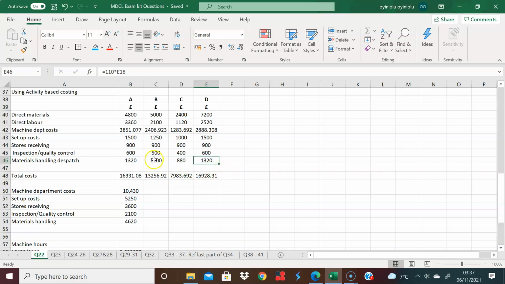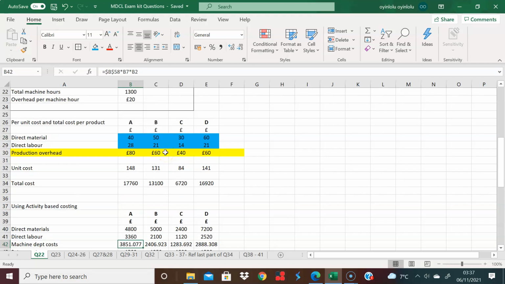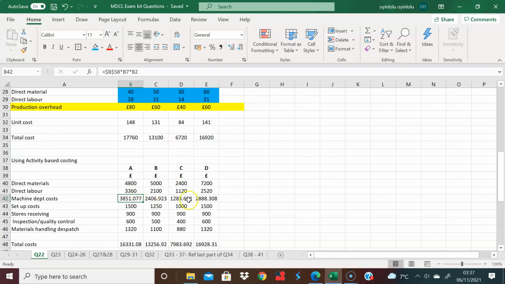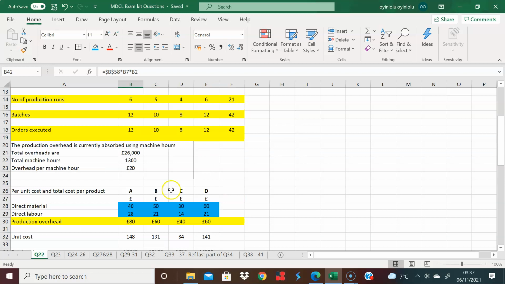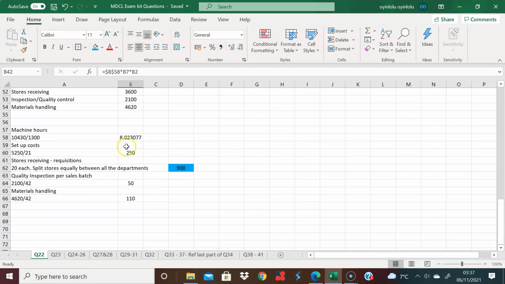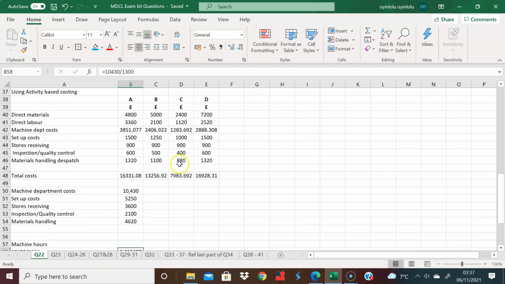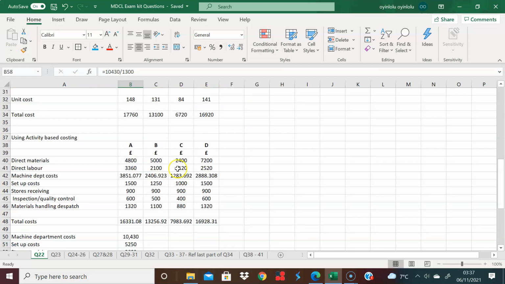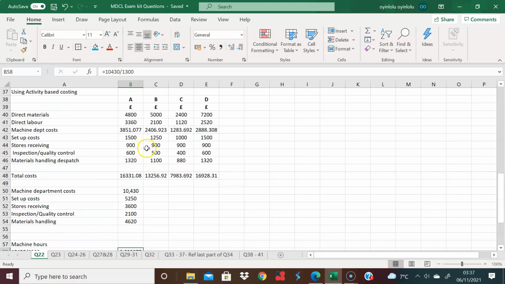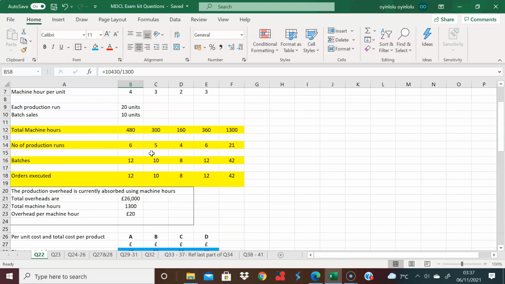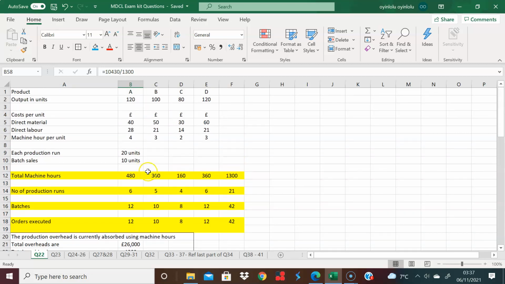What I've done there was slightly interesting, because I'm dealing with totals, which is what the question is asking. With the machine cost, I know it's £8 per machine hour. So in total, I'm really saying £8 and 2p times the total number.